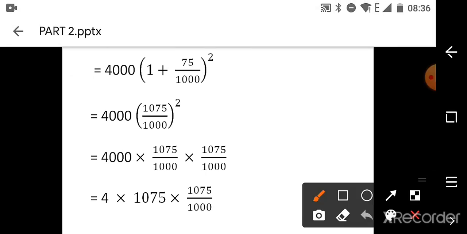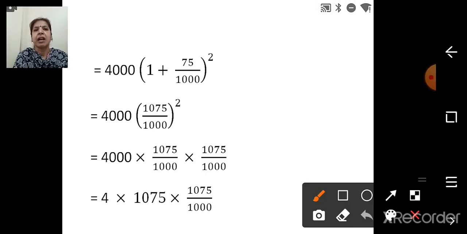So what we are going to do is first solve the bracket, following the BODMAS rule. We write 4000, then in the bracket 1 plus, we have removed the decimal. Rate was 7.5%, and we have written it as 75.